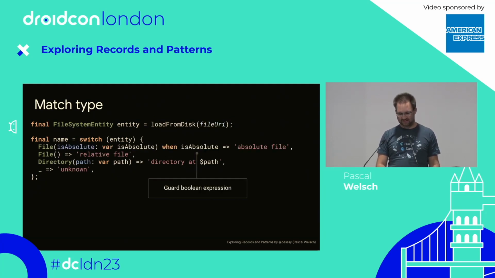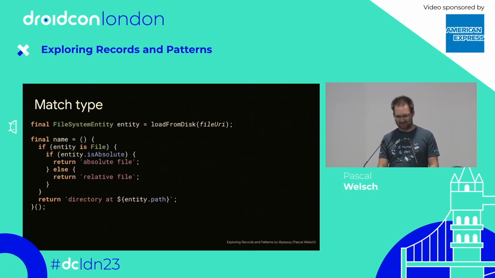We can even go further and access those variables in the when clause. So we now have guarding inside our switch expressions, which is very, very powerful, but maybe just me, I have never seen anyone using them in the wild. So I personally would still write this code. It is simpler, but it's most likely also easier to debug. I'm not even sure if you can set a breakpoint inside of this when guard clause.